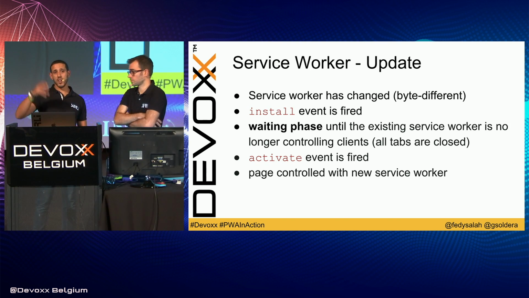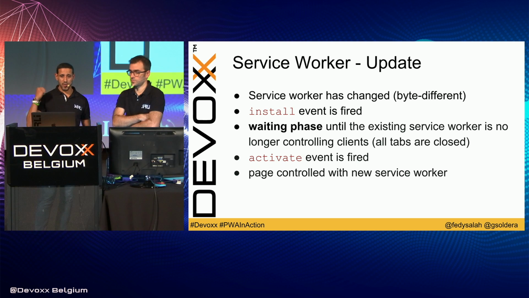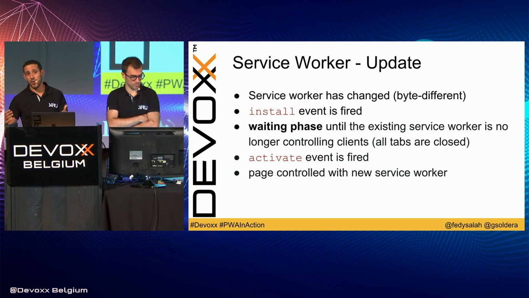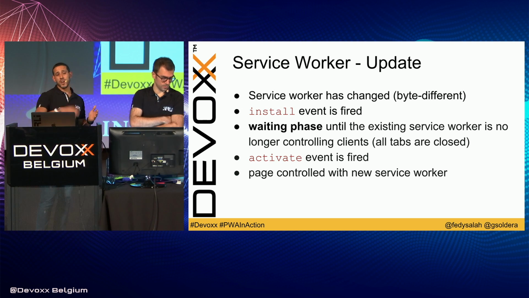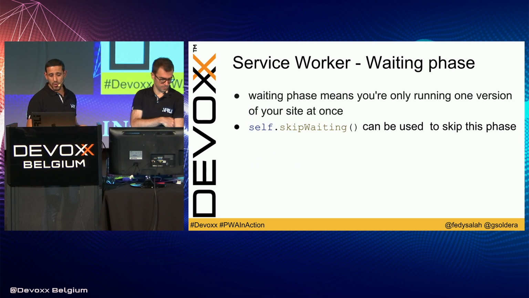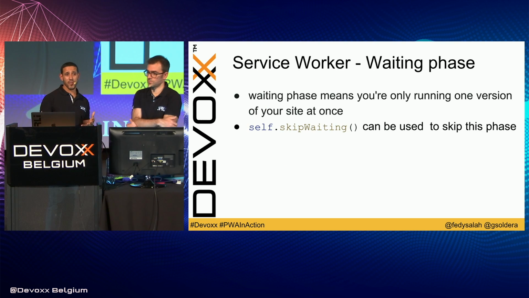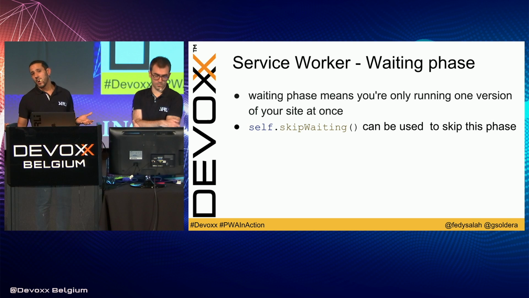Either we kill all the clients, so the previous version of the service worker won't control any client, and it can be removed and replaced by the newer version, or we can use an API called skipWaiting.